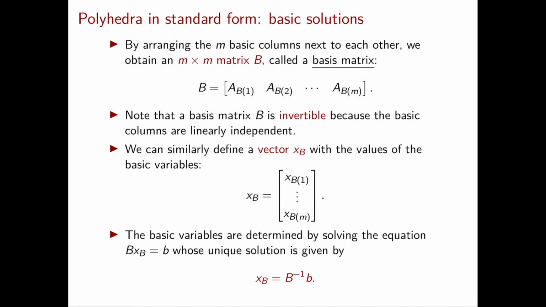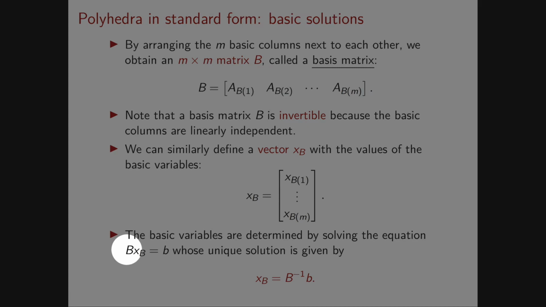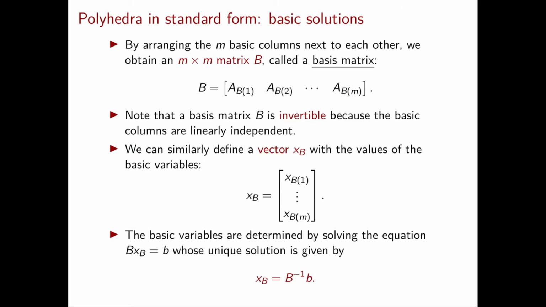And such a system we've already seen has a unique solution, but now, thanks to this notation, since B is an invertible matrix, I can directly write its solution as xB equal to B inverse b. This formula is obtained simply by multiplying on the left by the inverse of B.